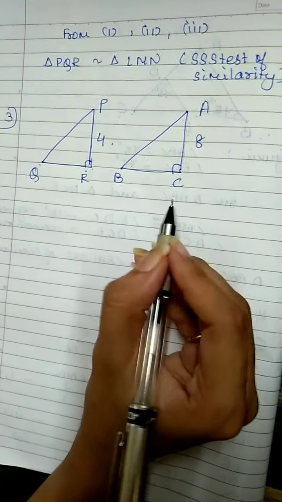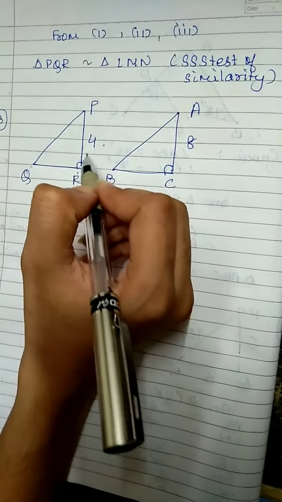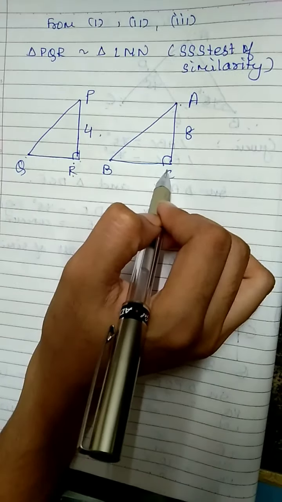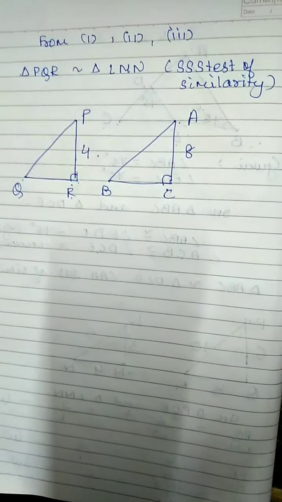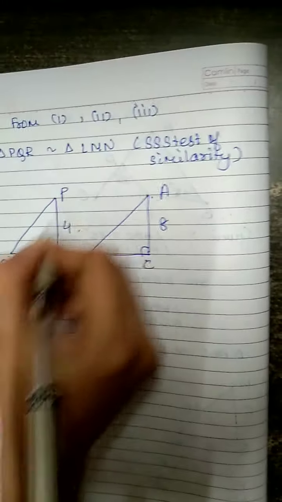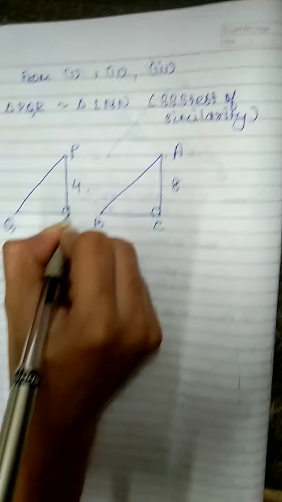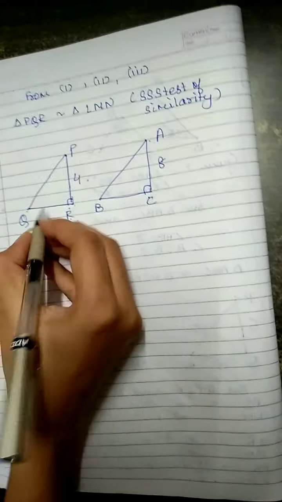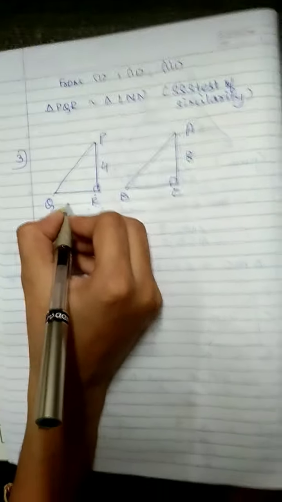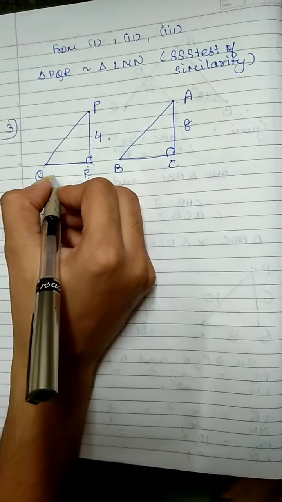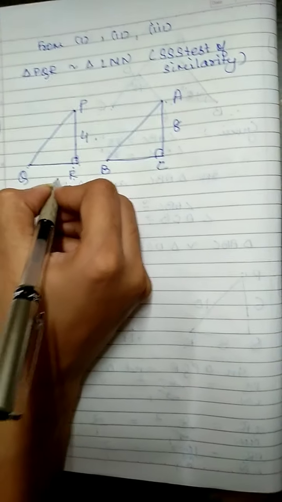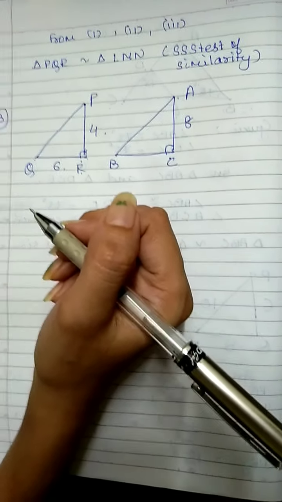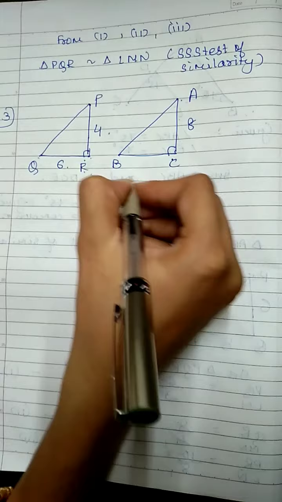PR is the smaller pole and AC is the bigger pole. PR is the pole, therefore shadow cast will be QR. If the length of the shadow of the smaller pole due to sunlight is 6 meter, that is QR is 6, then how long will be the shadow of the bigger pole at the same time?